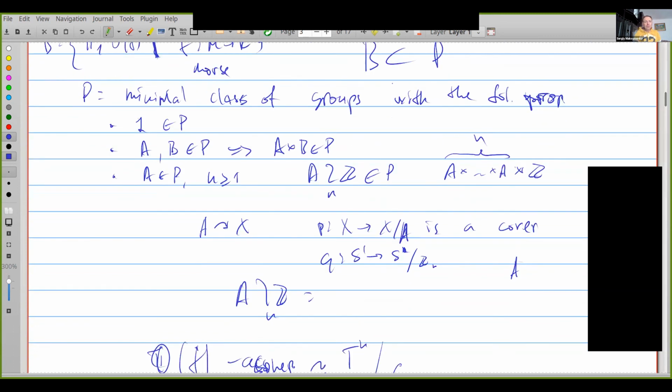But actually, maybe it is better to understand what minimality means. This means groups of this kind. I take Z, then say the action, here I put 5.